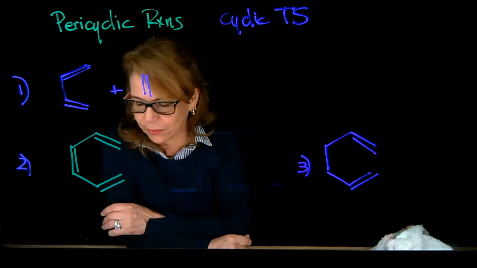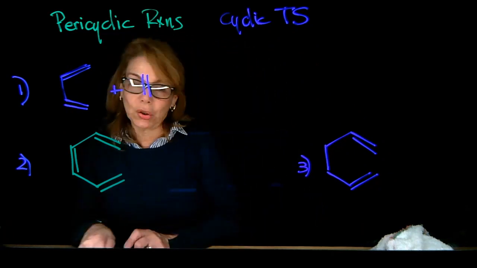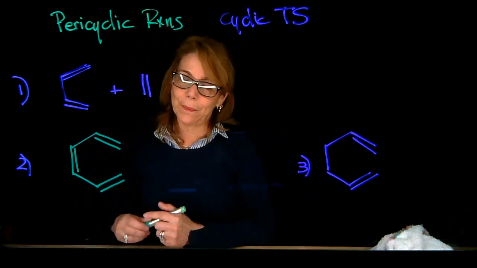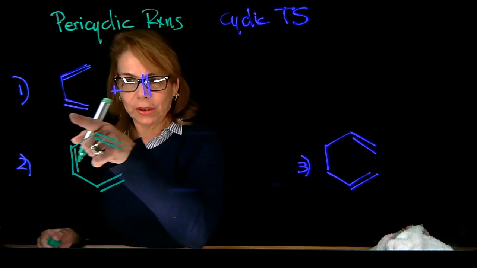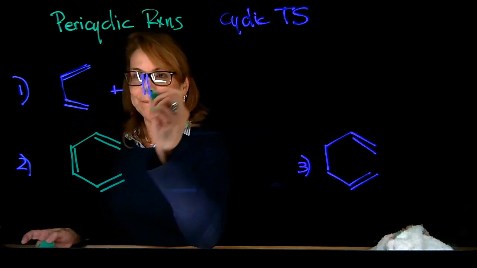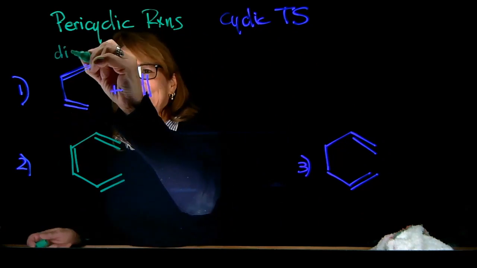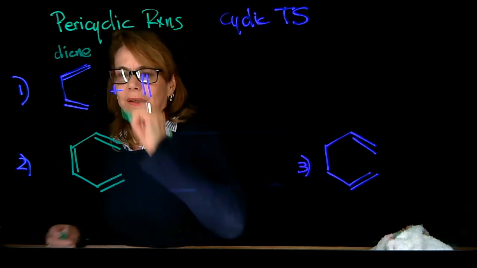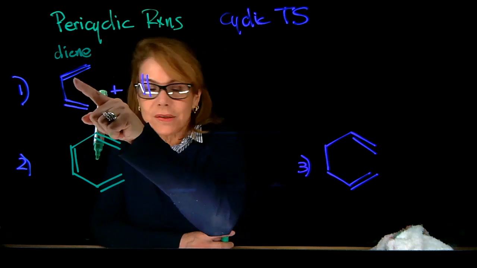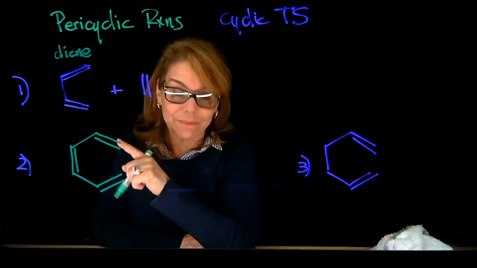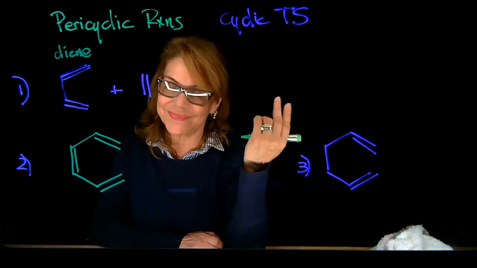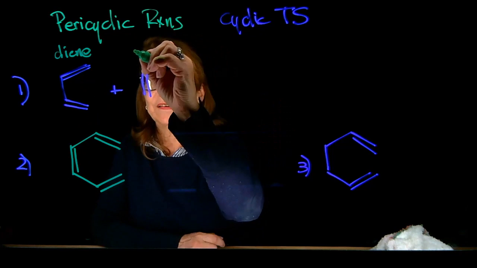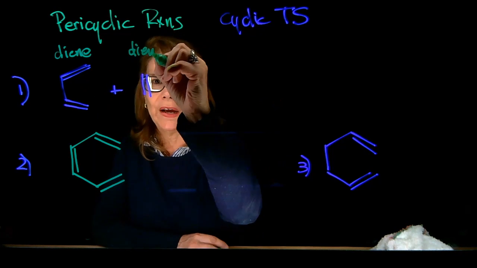The first type here is called cycloaddition. And what happens here is two molecules. Molecule A is called a diene, and we have seen dienes before. It's like two double bonds, so di for two, ene. And this is called a dienophile.